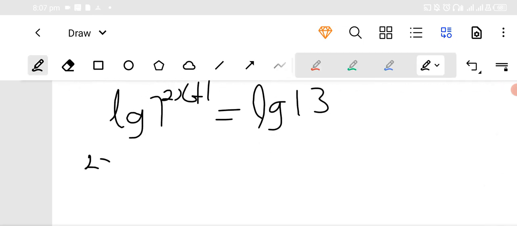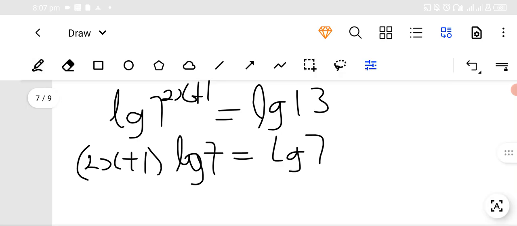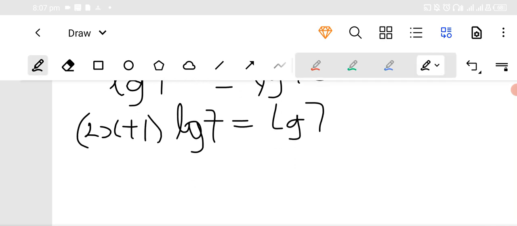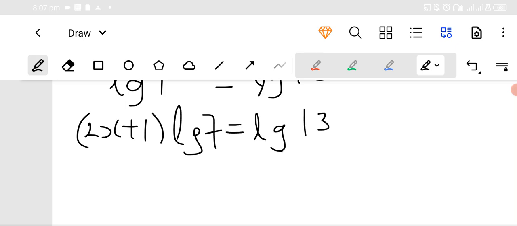It's going to be 2x plus 1 multiplied by the logarithm in base 10 of 7 is equal to logarithm base 10 of 13.